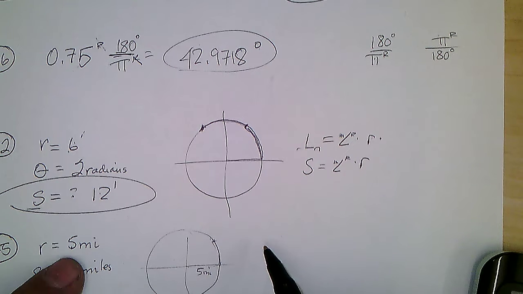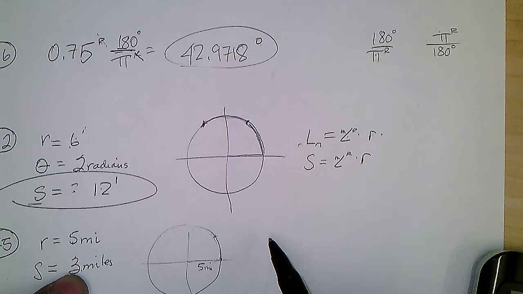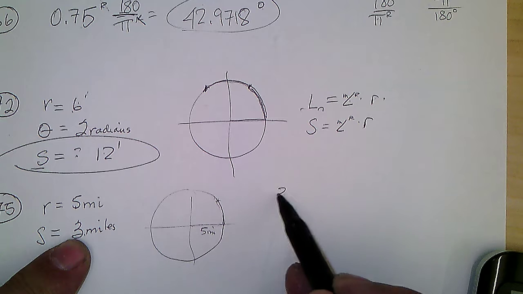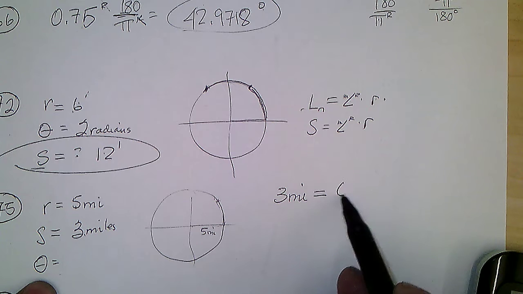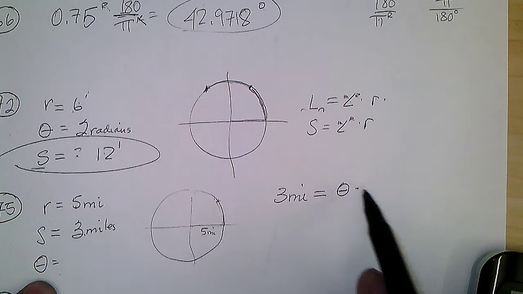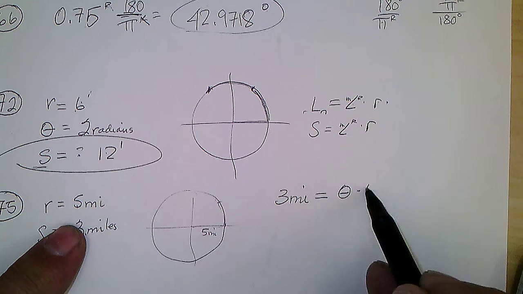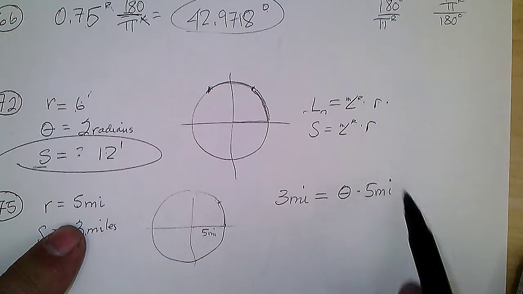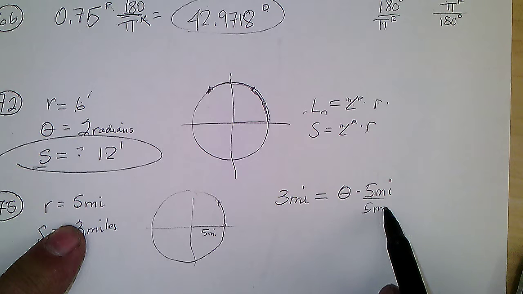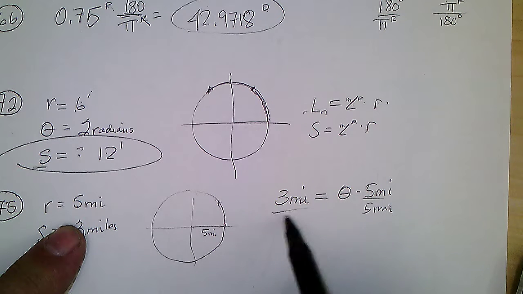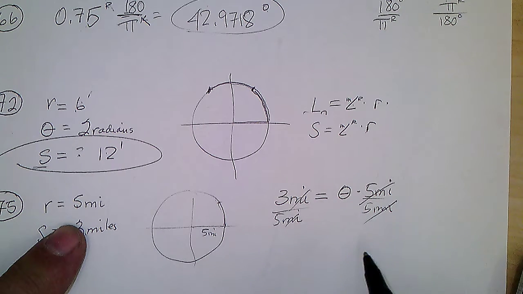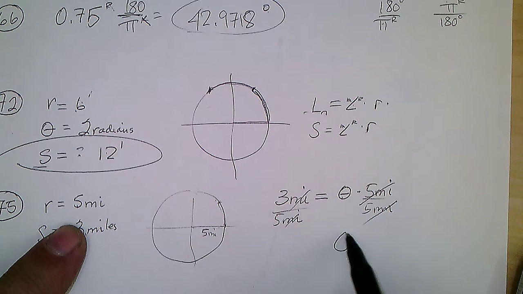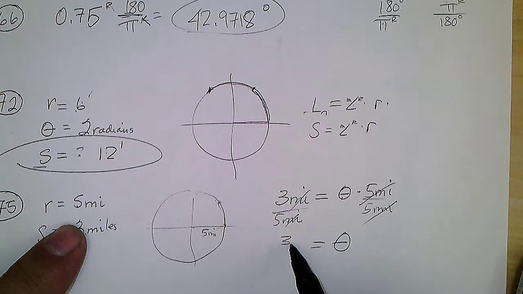The length of the arc is 3 miles, which equals the measure of the angle in radians, which I'm trying to find, so I'll write theta, times the radius. The radius is 5 miles. So if I divide by 5 miles on both sides, the miles cancel, and I get the angle is 3/5 radians.